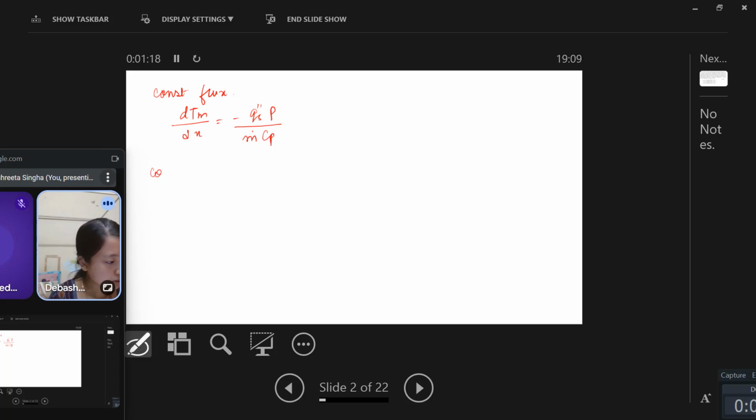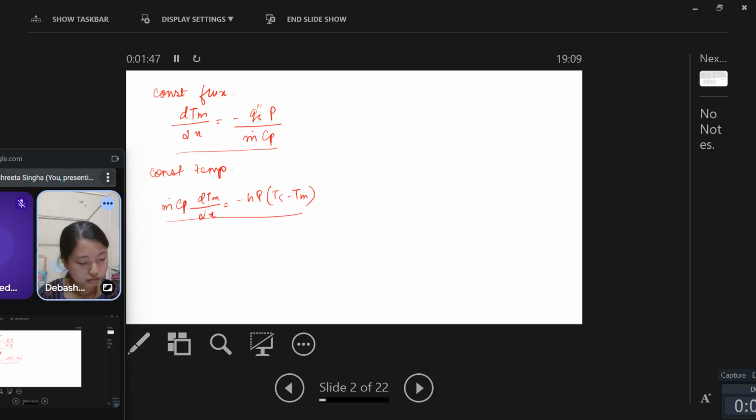Okay, for constant temperature, we have m dot Cp into dTm by dx is equal to minus hP times Ts minus Tm. Okay. From here you get the temperature profile of the flow system.